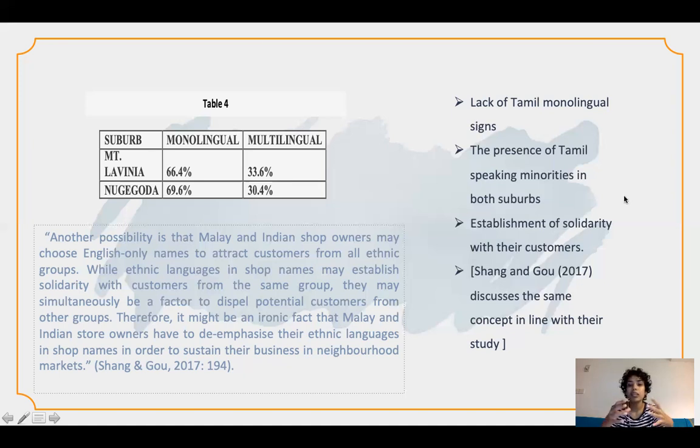Shang and Wu 2017 also talk about a similar situation where they de-emphasize their own ethnic languages in order to appear attractive to a broader audience that doesn't speak Tamil. Shang and Wu talk about Malay and Indian shop owners doing the same thing that Tamil business owners might be doing in Sri Lanka.